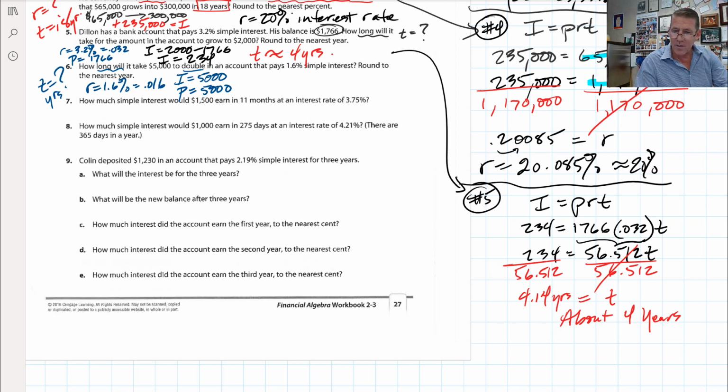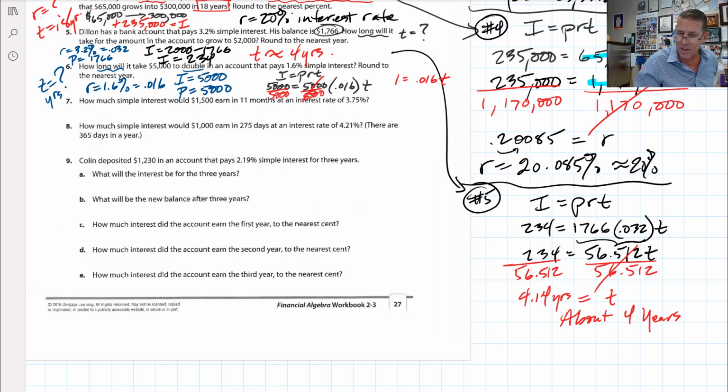We know the interest rate. We just have to figure out how long that will take. So again, I is equal to principal times rate times time. So 5,000 is equal to the original principal, 5,000, times the interest rate, 0.016, times t. First of all, you can just divide by 5,000 to simplify, and I get 1 is equal to 0.016t.